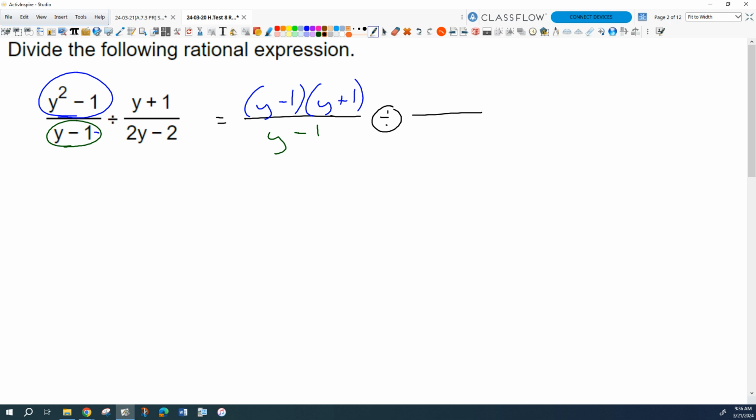Top is already factored, right? y plus 1 divided by, what can I do in the bottom? Take out a 2. There we go. Okay, good. Now what? Keep it, change it, flip it.